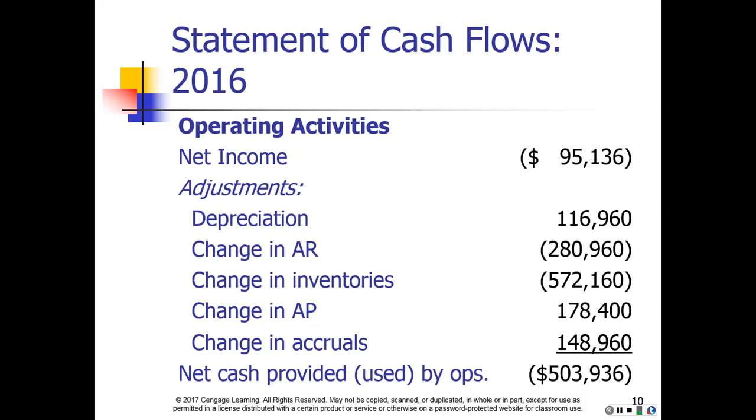Okay, so now we're going to look at the statement of cash flows, right? The statement of cash flows tells us where the money comes from and where it goes.